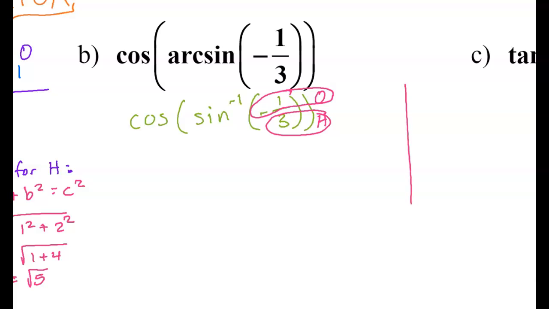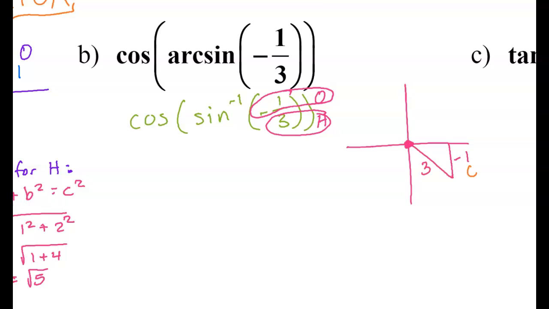So when I'm drawing my x and y axis, and I know my opposite side, theta is on the origin, my opposite side is -1. I'm going to be drawing a line downward as my opposite because it's a -1, and my hypotenuse is 3.